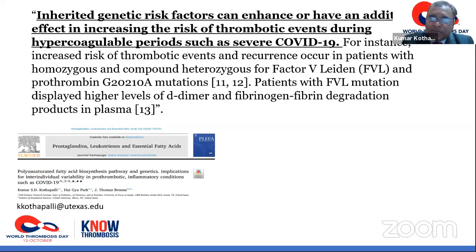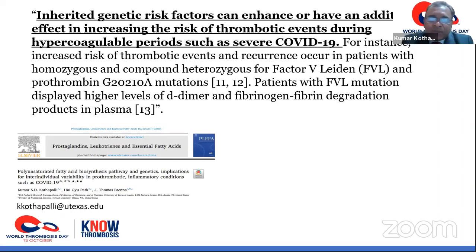So we need to be very careful with patients who are homozygous for factor V and homozygous for prothrombin factor II. If any patient carries factor V in a heterozygous condition as well as prothrombin in a heterozygous condition, the risk of thrombosis is very, very high.